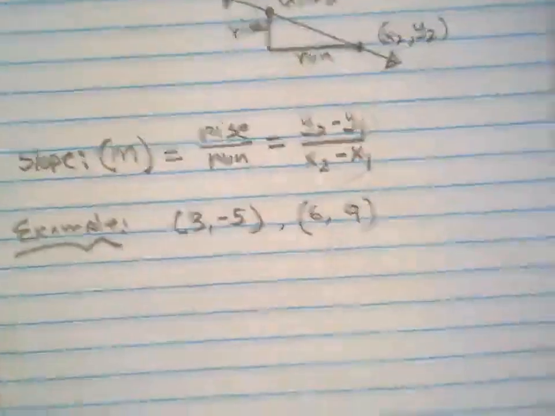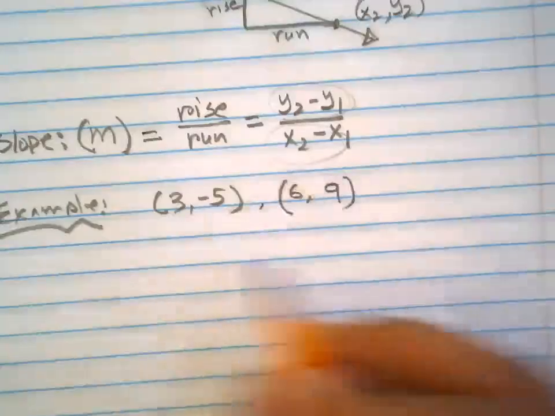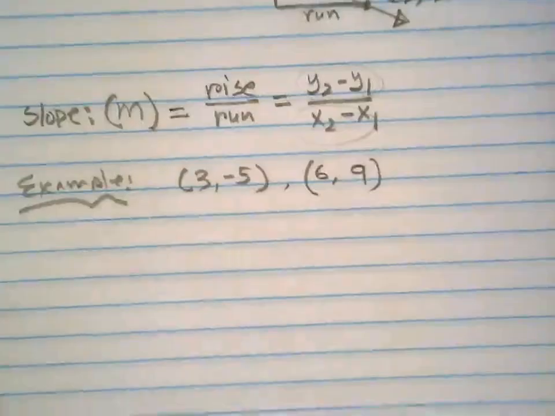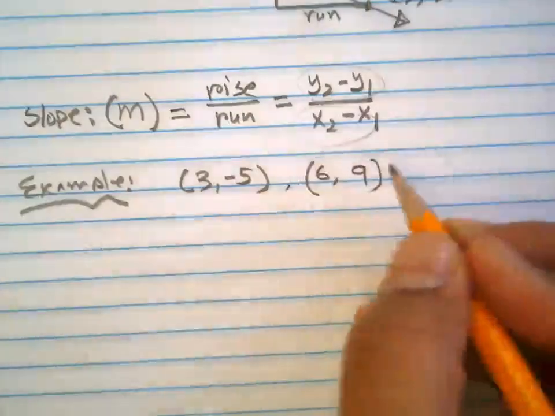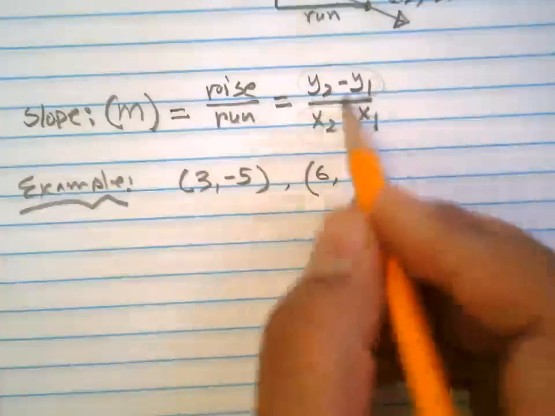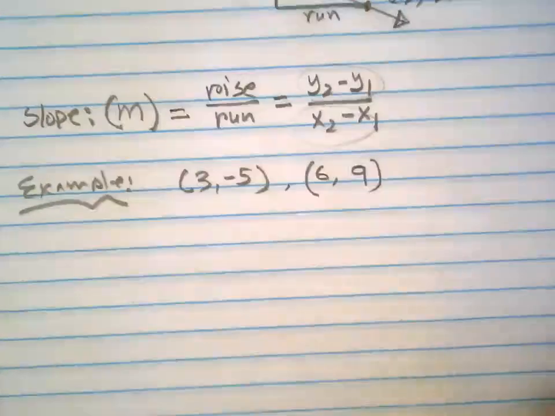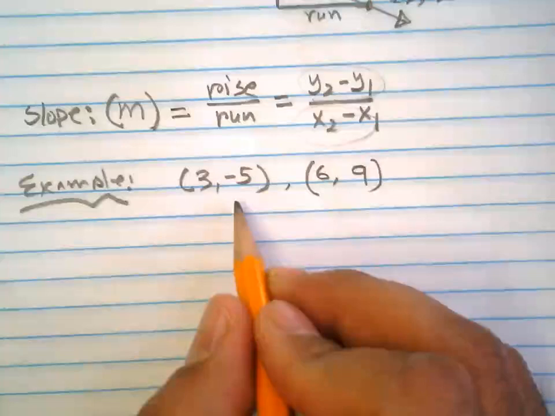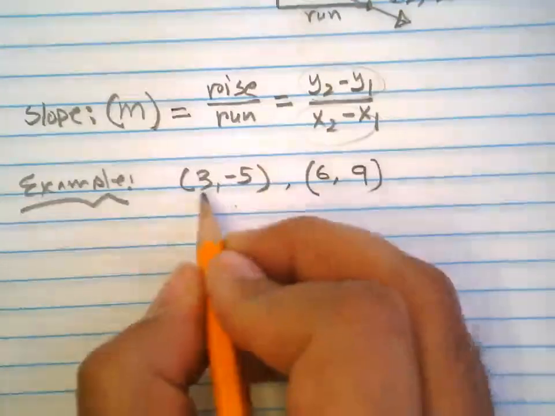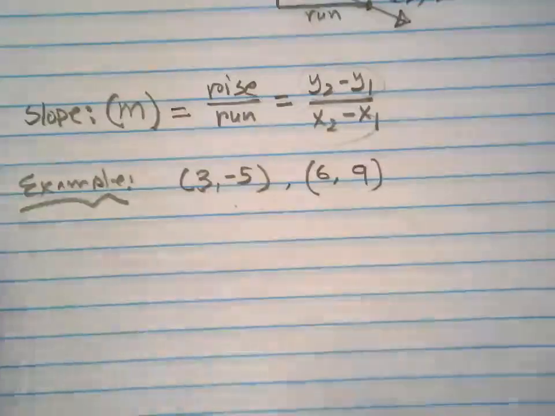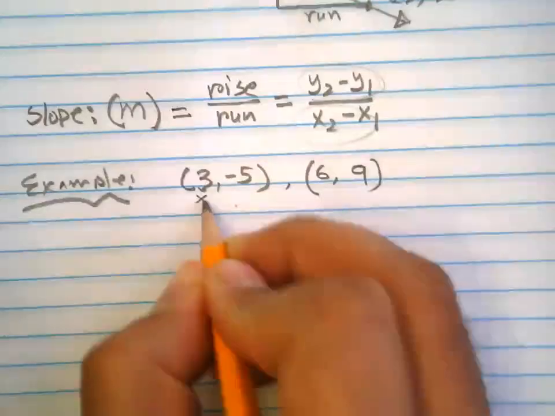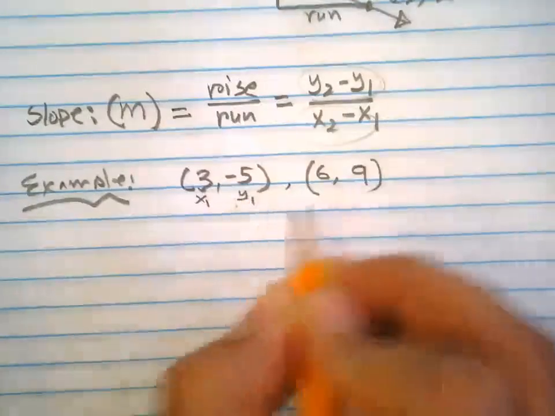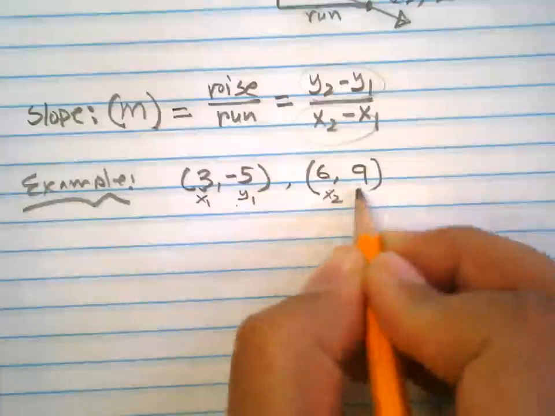You can draw these points on a coordinate plane, or you can just find the slope by applying this formula. I'm going to show you both ways. To apply the slope formula, I will label this one as x1, y1 and this point as x2, y2.